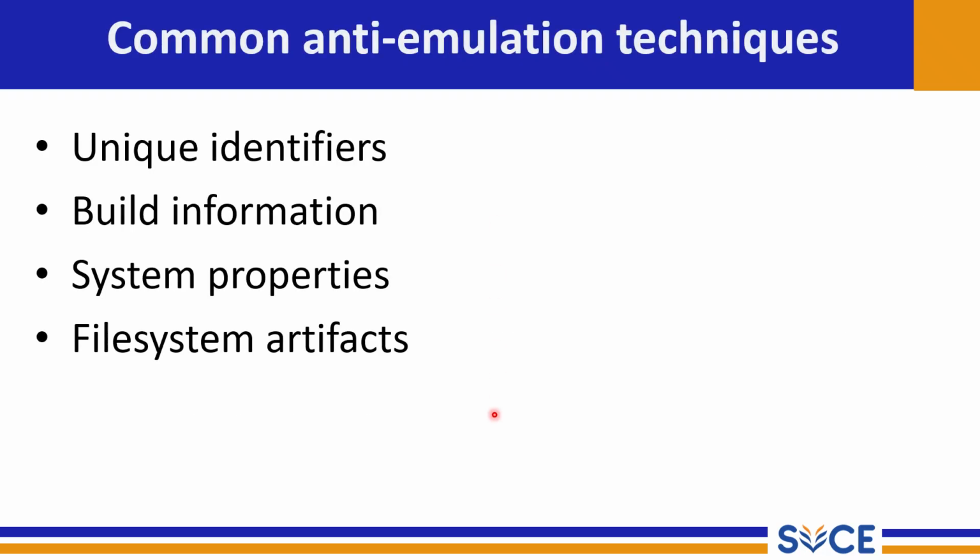In this slide, we will see what the common anti-emulation techniques are, like unique identifier, build information, system properties, and file system artifacts.